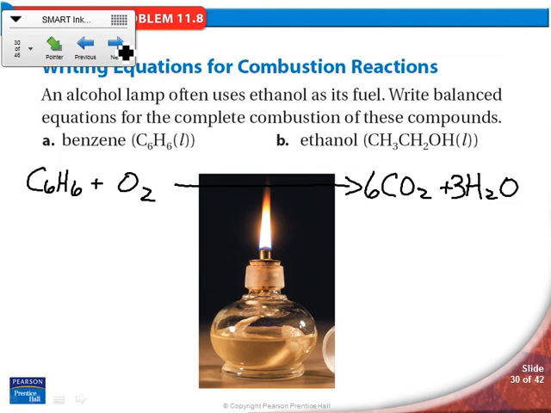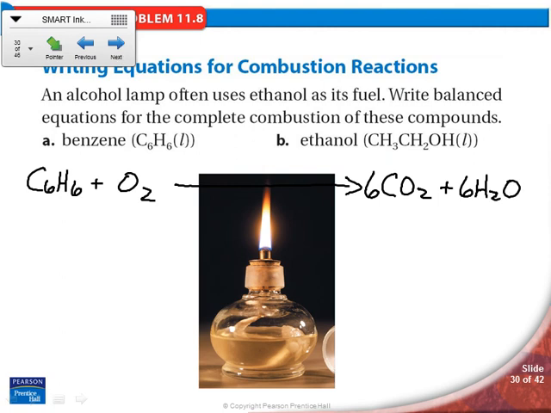I have an odd number, right? It's 15 on this side, 12 from here and 3 from there. So we need to double the one that's causing the problem, which is the H2O right here. 6H2O.